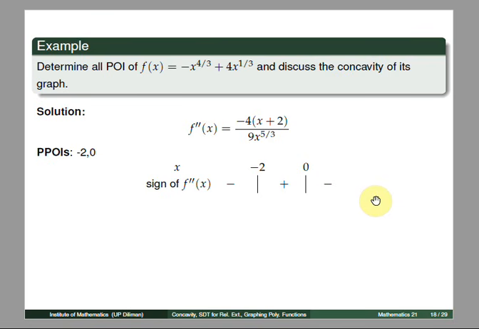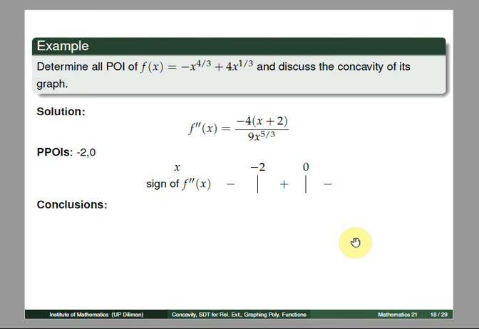So with this table of signs, we readily can conclude a lot. We have a point of inflection at x equals negative 2, because there is a change in signs from negative to positive. And also a point of inflection at x equals 0, so we have concave up to concave down.